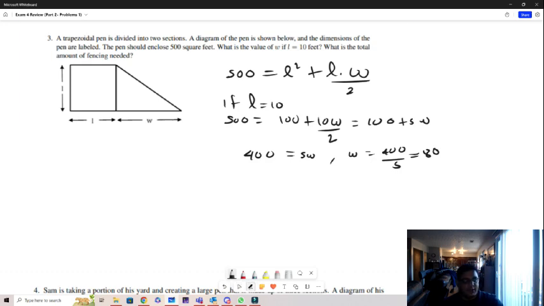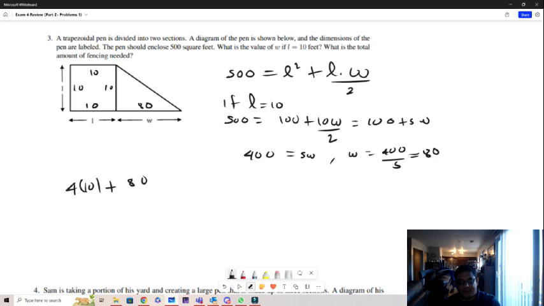Now, for the second part, we want to know what is the total amount of fencing that is needed for this. Notice that we have 10 here, 10 here, 10 here, 10 here. And we found out that W was 80. So we have almost all the dimensions: 4 times 10 plus 80 from this little piece.